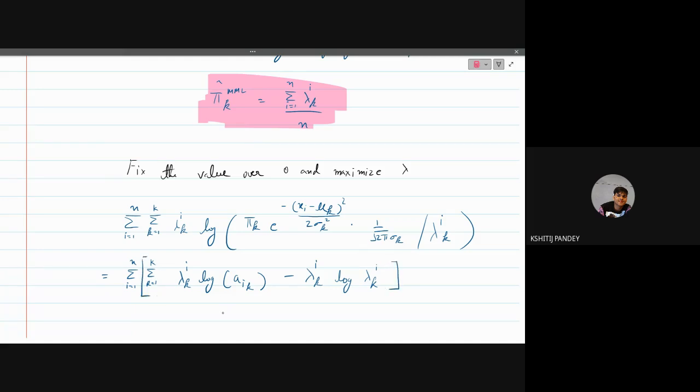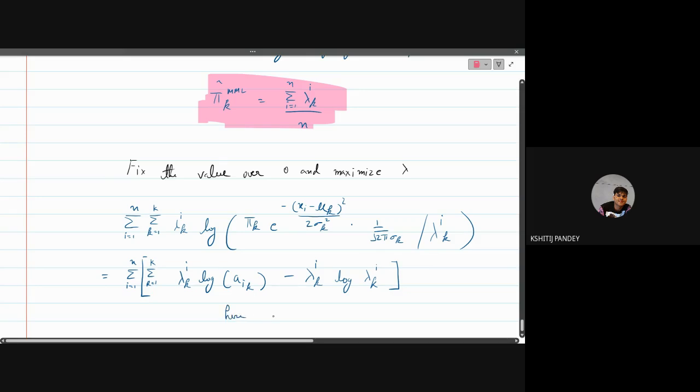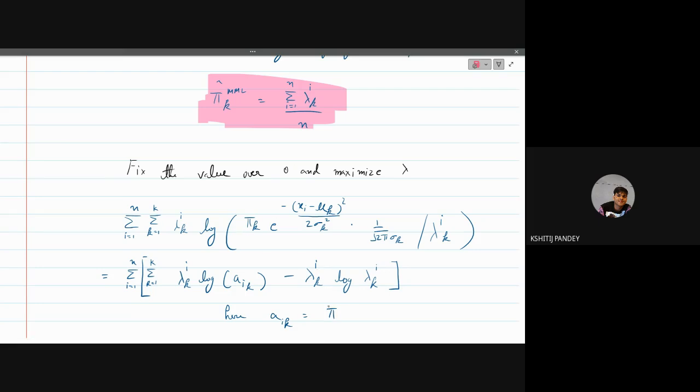And here your aik is what? It's the terms with all the constants here, as theta is treated as constant.